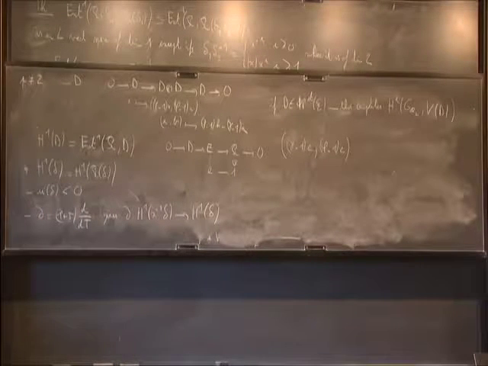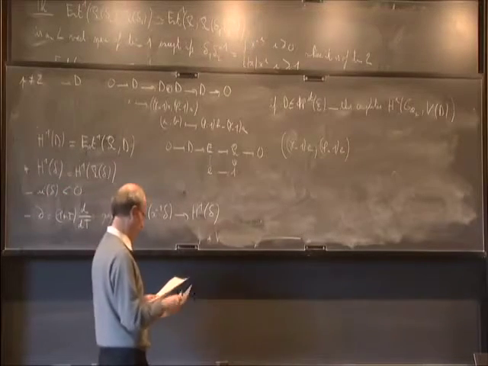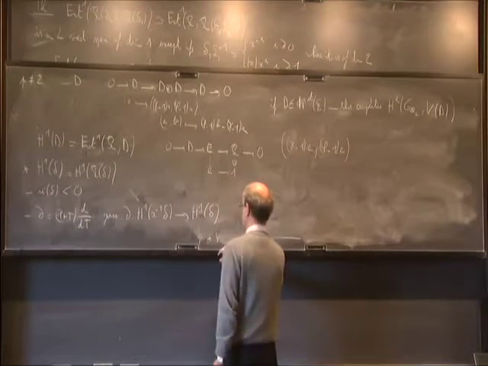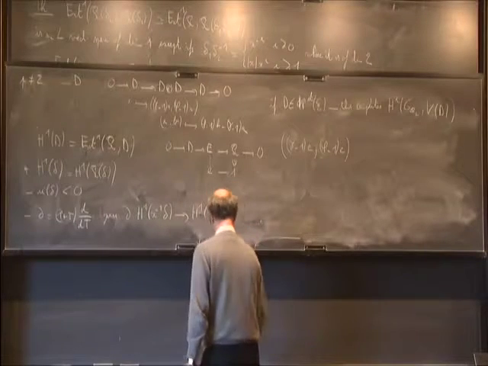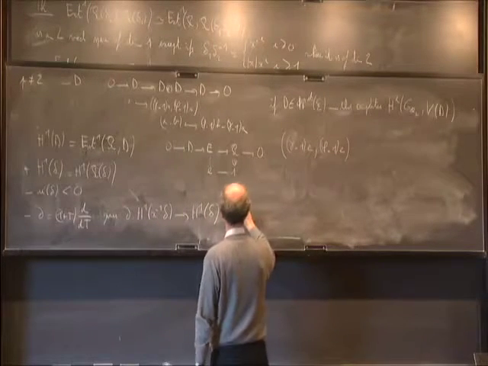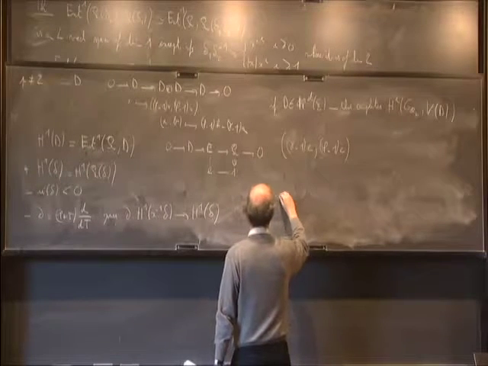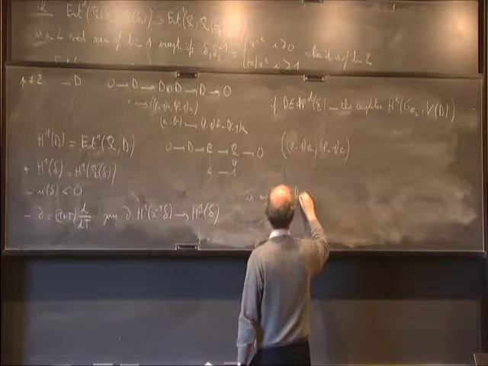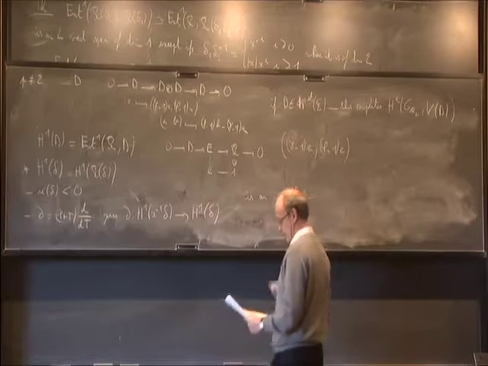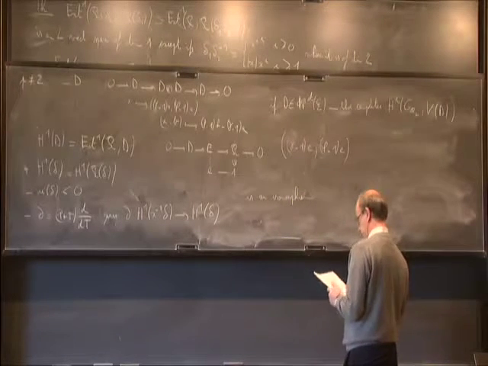And so you analyze this map. It's not difficult. And what you prove is the following. So this one is an isomorphism, except in two cases.